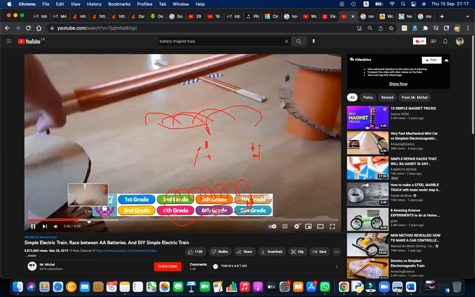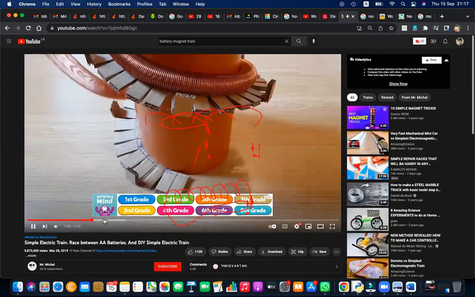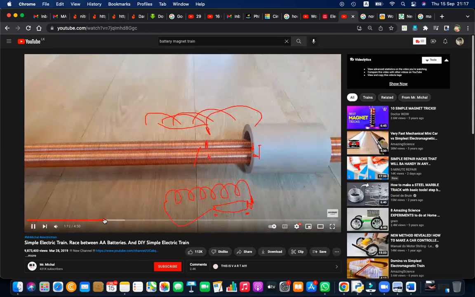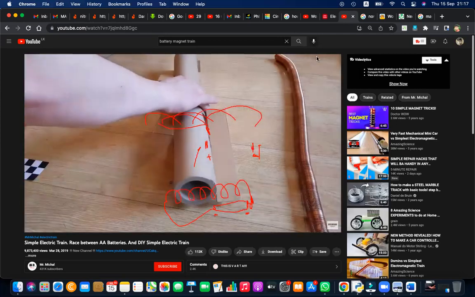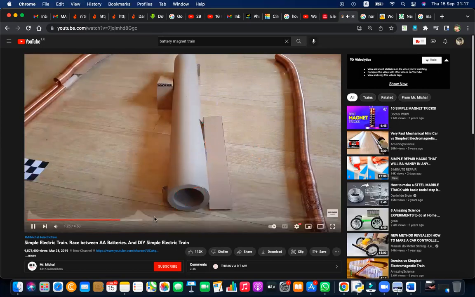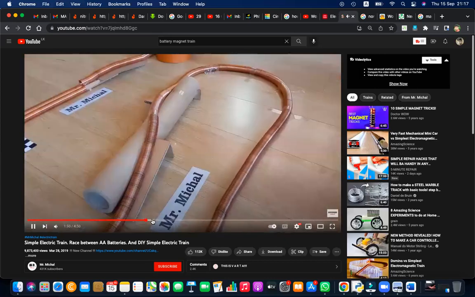Okay, he's creating the starting point like this. Nice creation. Tunnels, all these things are there. He's creating a complete track.